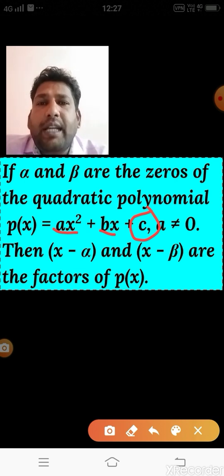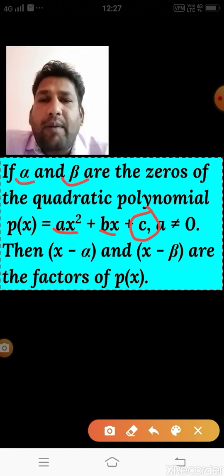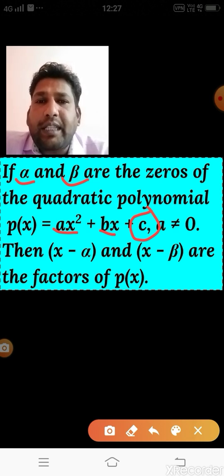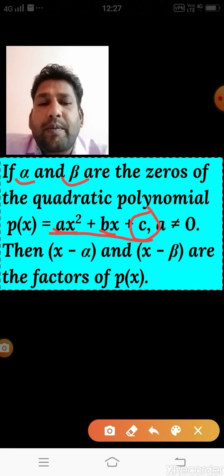And alpha, beta, gamma, theta, all these we have as arbitrary constants. Here I am taking the two zeros, alpha and beta. Alpha and beta are the zeros of the quadratic polynomial ax square plus bx plus c.